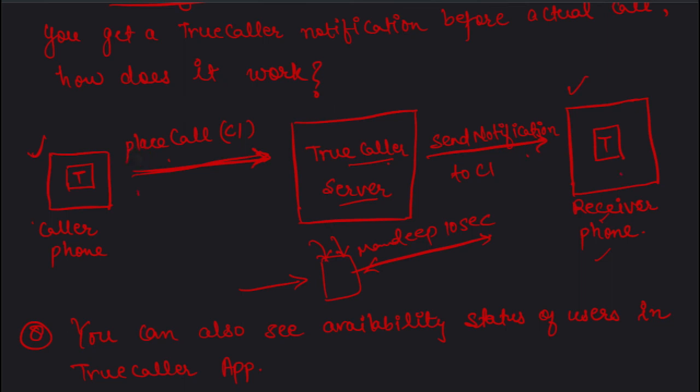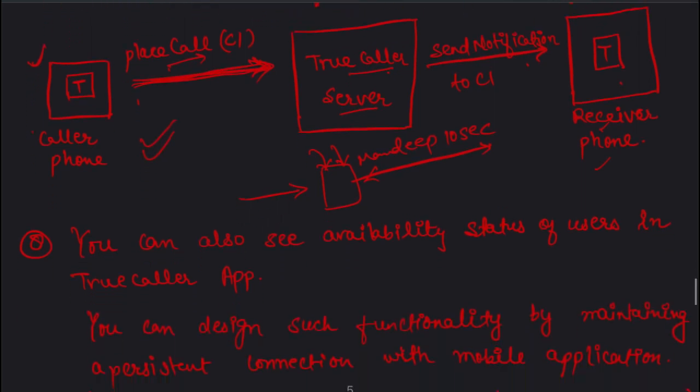This Wi-Fi connection is faster than your actual phone call connection, so you will get a notification beforehand. It could be possible that you are connected to the Wi-Fi but your phone is not reachable at that time, so you might get a notification but not the actual call. That might happen as well, but this is how this functionality works.